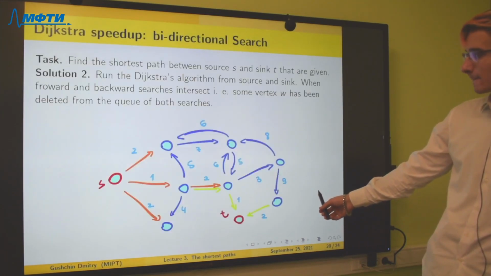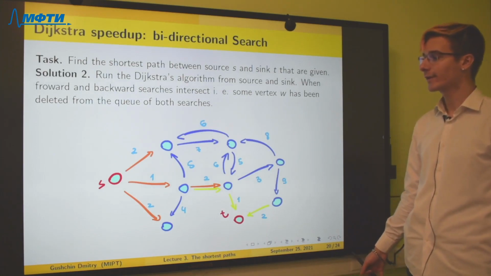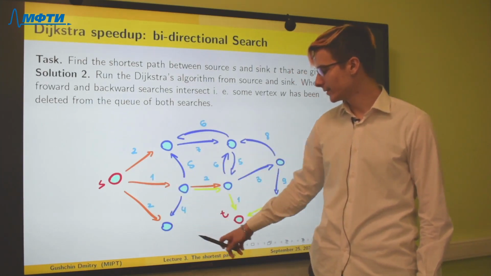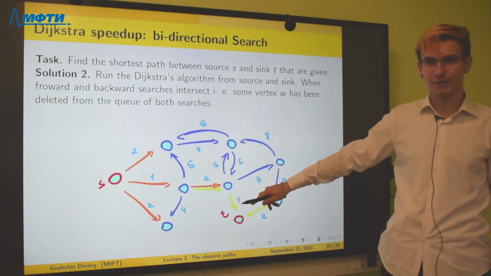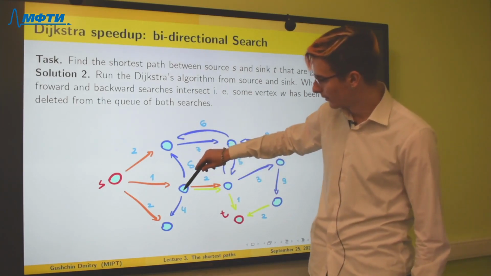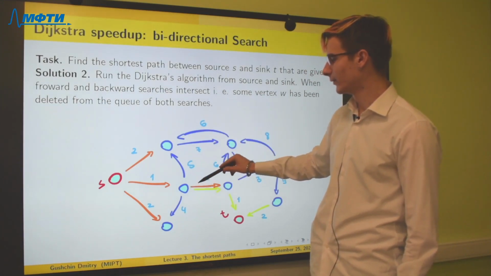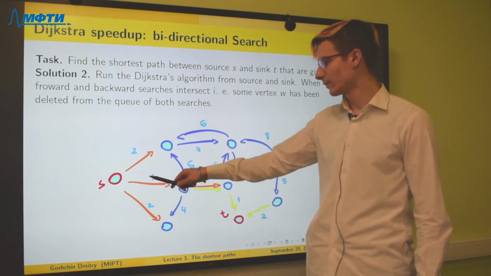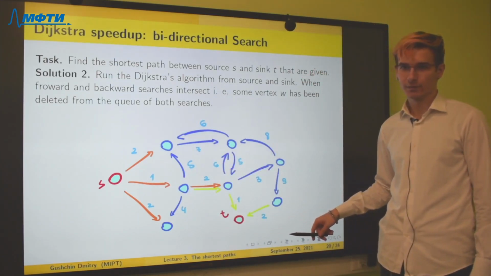So, for example, we can use Dijkstra's algorithm and start it from the source and from the sink, of course using reversed edges. When we find a vertex that has been terminated by both algorithms, then we say that is the shortest path between source and sink.